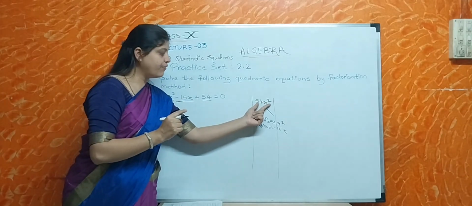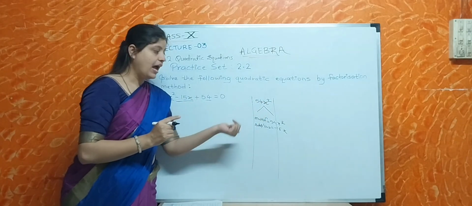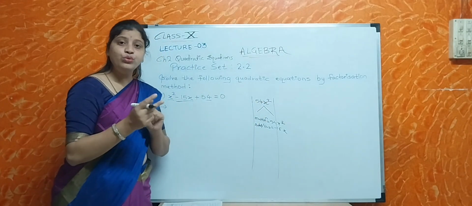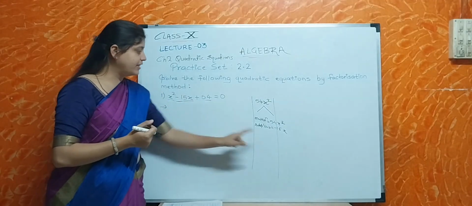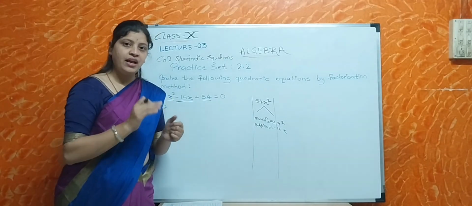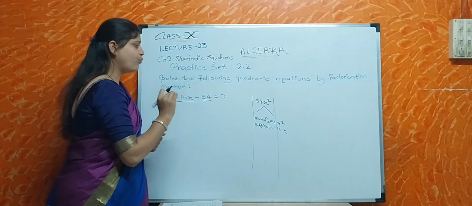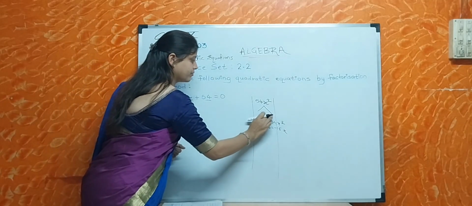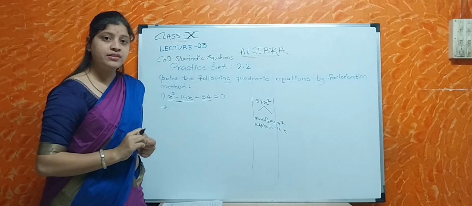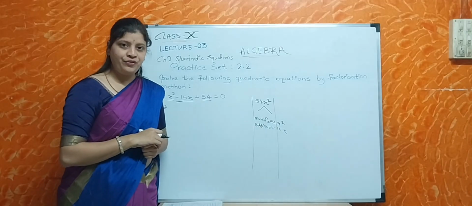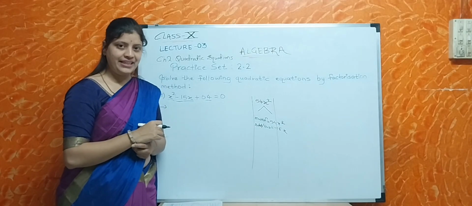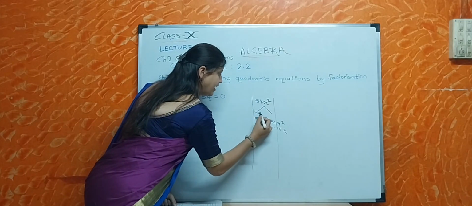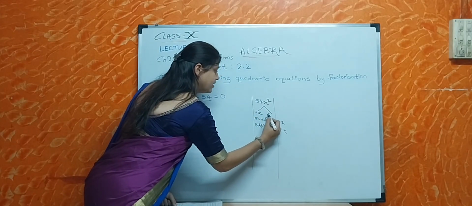Here we want the factors of 54, and when we add or subtract those same two numbers we should get the answer minus 15x. Understood? Now what are the numbers? See, 9 6s are 54 and 9 plus 6 is 15, right? First is 9x and second is 6x.